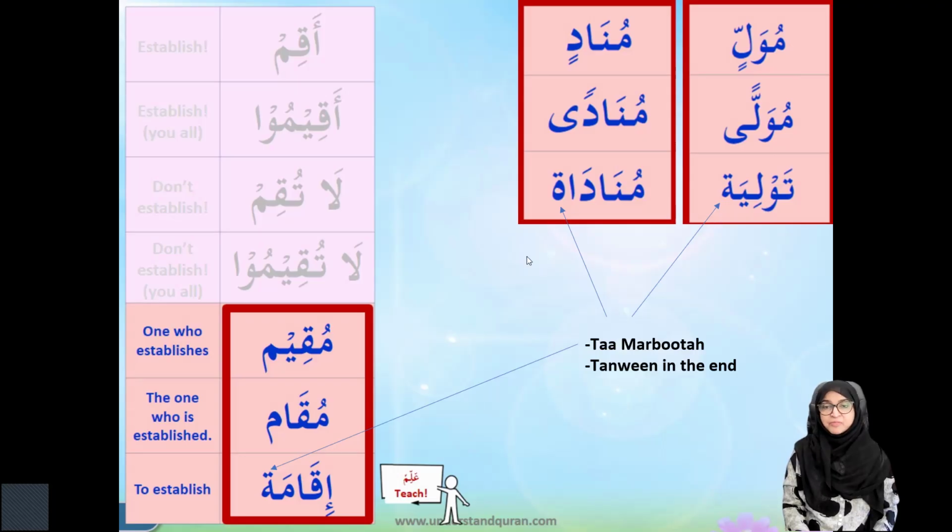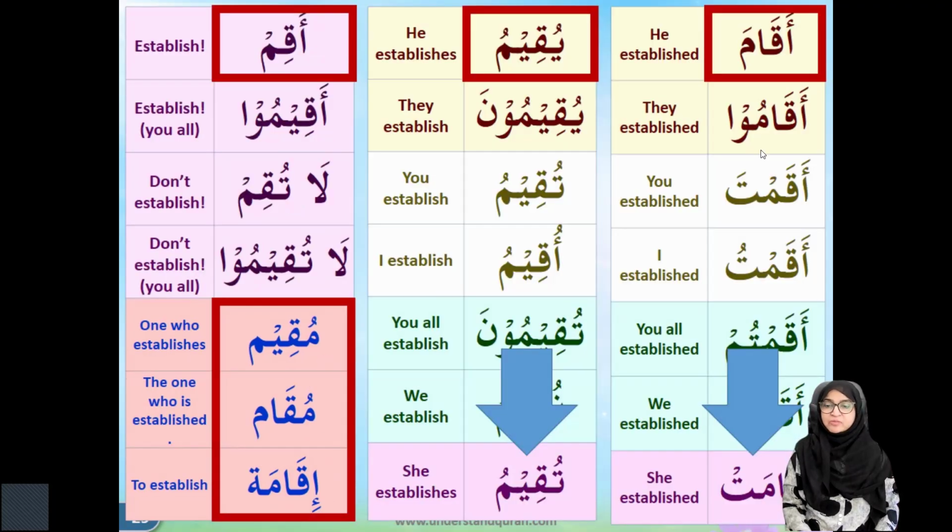They all have ta marbuta. So when it is ta marbuta, it can be tun, tan, tin. So tawliyatun, munadatun, and iqamatun. See, the common thing is all are ending with ta marbuta. So yes, so now let's practice. I just want to quickly practice.